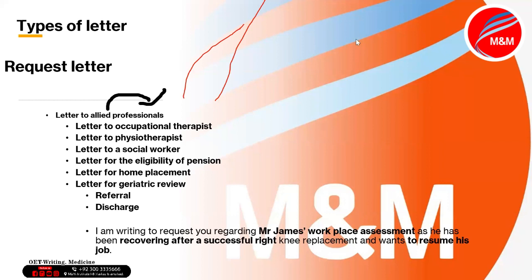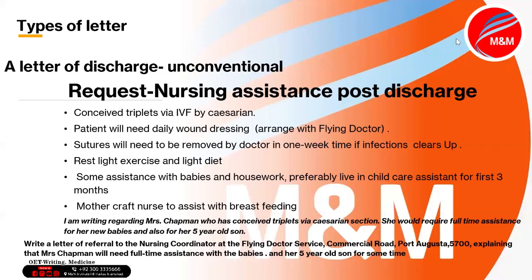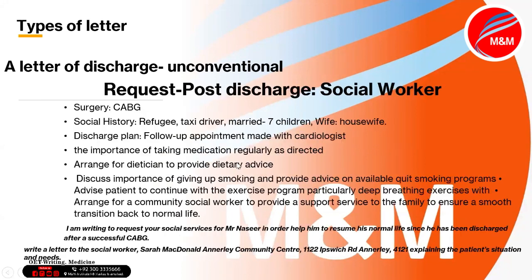So to make it more clear, I can show you the slide. You can see that we can have such a letter. If we are writing this letter to the nursing coordinator, and he has to arrange a nurse for the patient, assistant and her baby's assistance. We can also have, let's say, a letter to a social worker.